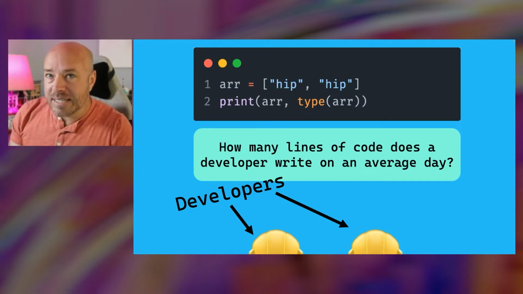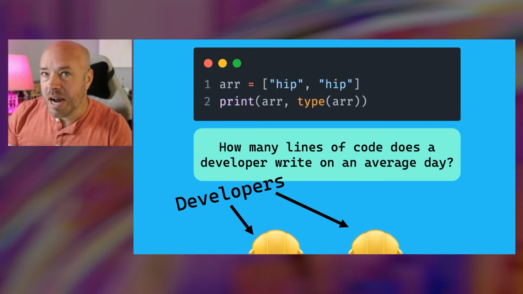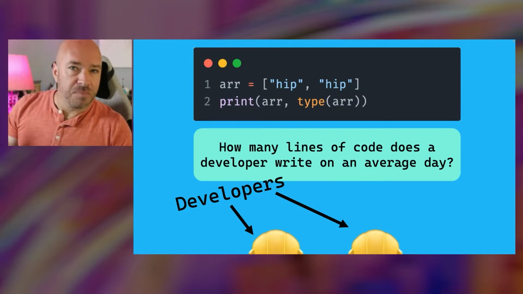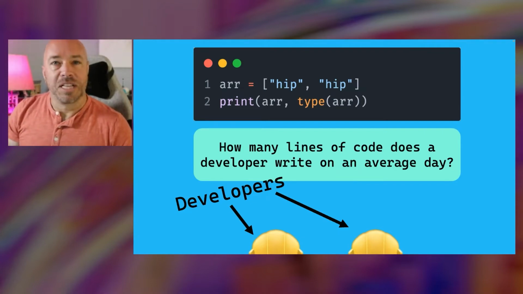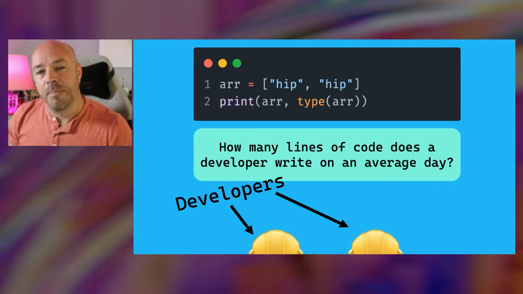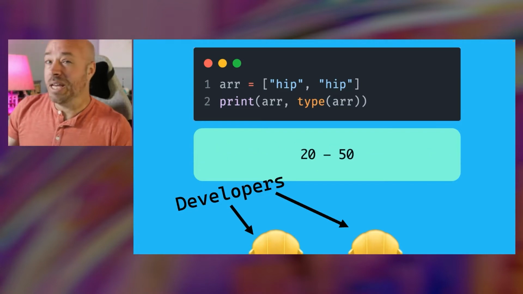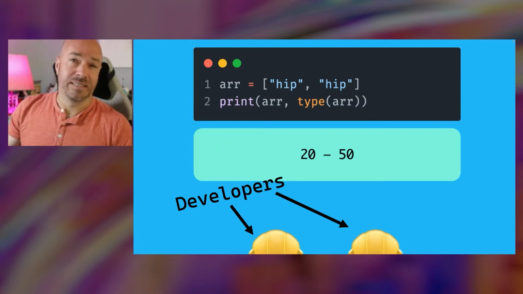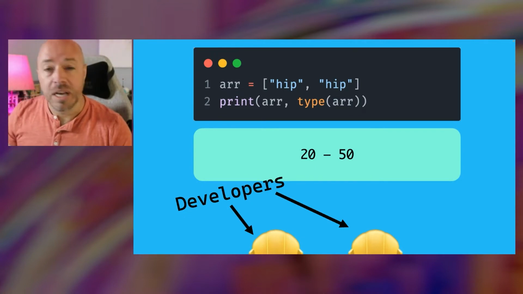Most people would guess in the hundreds, maybe thousands, like if you're one of those 10x developers, thousands of lines of code. But the number is actually more like between 20 and 50. 20 lines of code is not a lot of code.